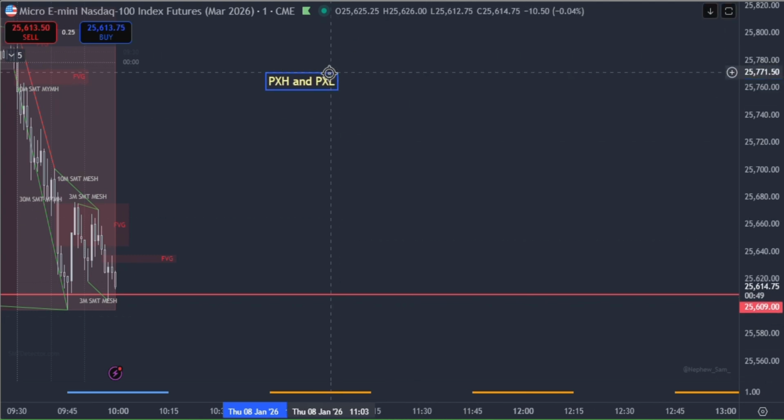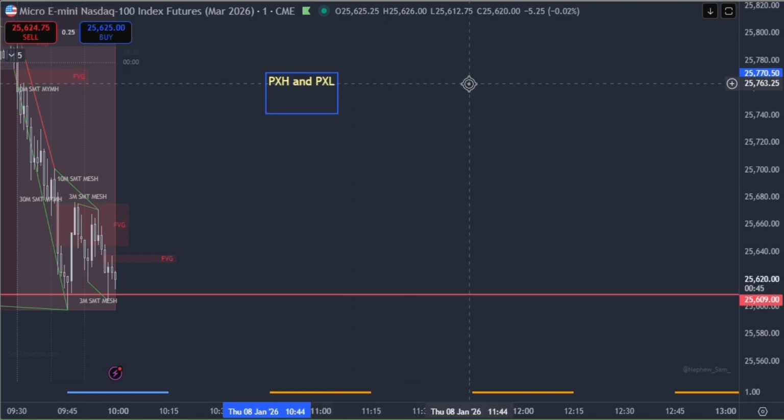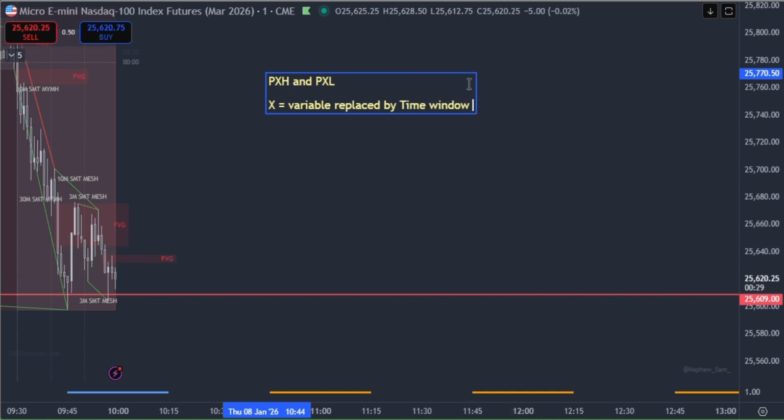PXH and PXL. X equals the variable replaced by the time window that you're interested in.